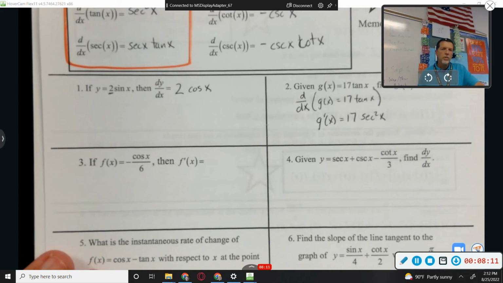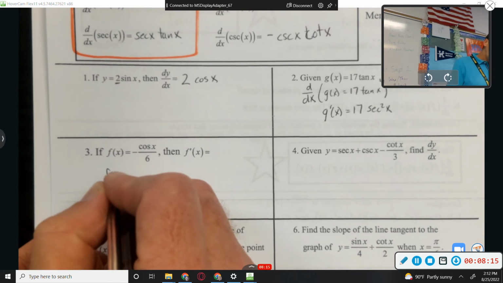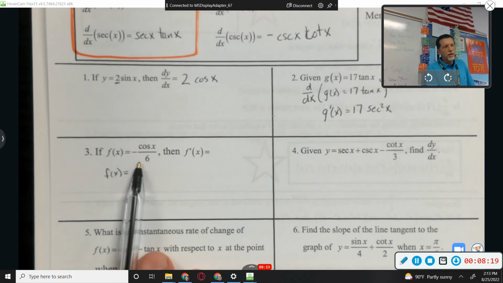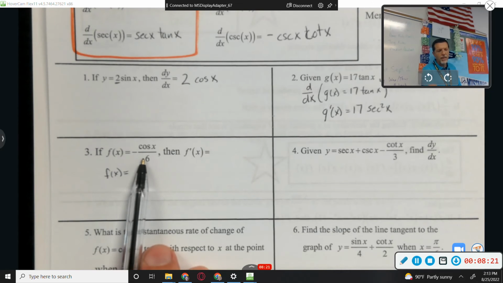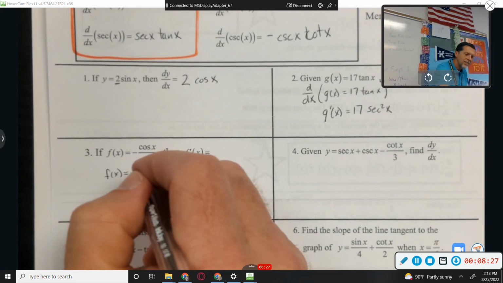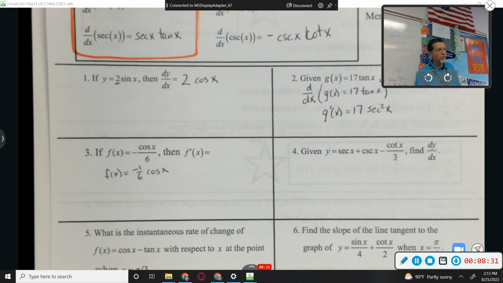Number 3, some of you get flustered when there's like a fraction like that. But before we even take a derivative, what would be an easier, different way to write that, with that 6? Put negative 1/6 out front. That way it's a coefficient, you're not really worried about it.